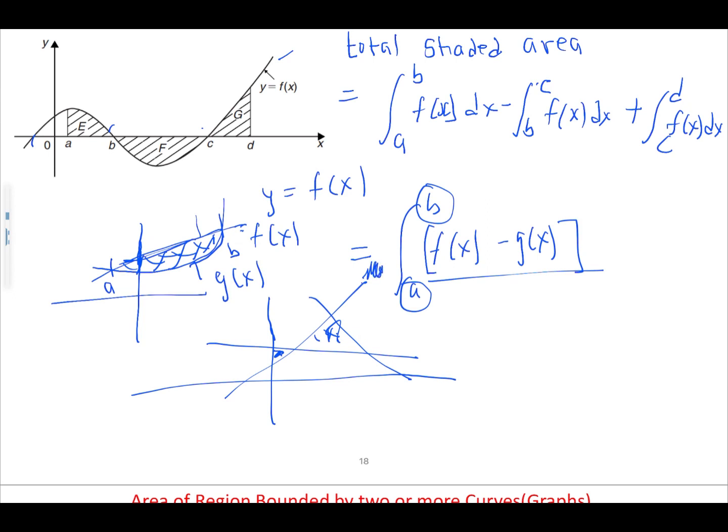From this place, this is an upper one, so it's going to be positive. This will also be an upper one, so it's going to be positive, but this is downward, so it's going to be negative. So let's take note of it. I'll be solving a couple of examples with you, so at the end of the day, you'll be able to distinguish the various strategies on how you can solve questions concerning areas under and between curves.